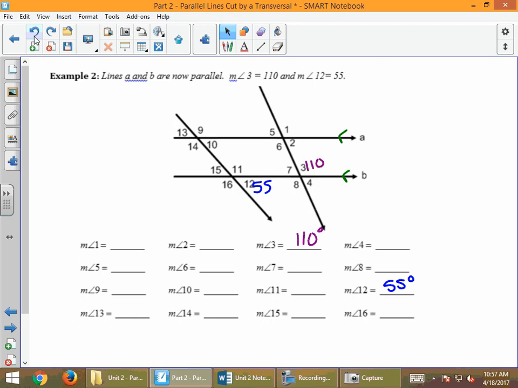Okay? So just like we did with that other section, find all the ones that are the same as 110. So the alternate exterior angle, the corresponding angle, and alternate interior. The one that's corresponding to angle 3, the one sitting in that same corner, is angle 1. So you know angle 1 is 110.